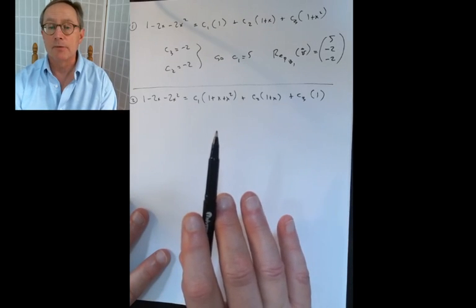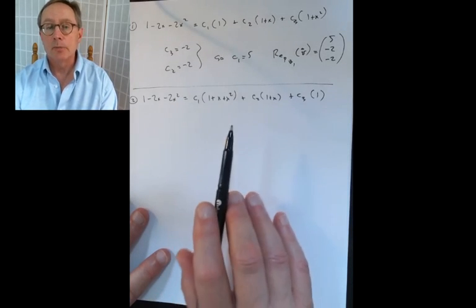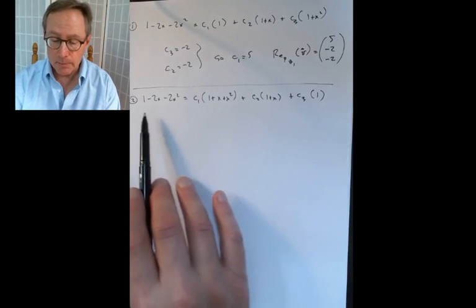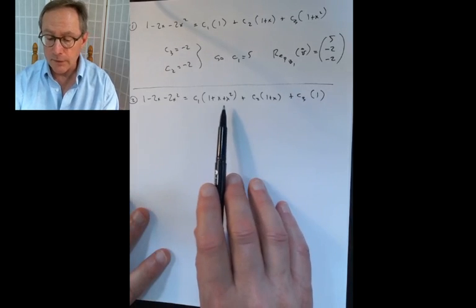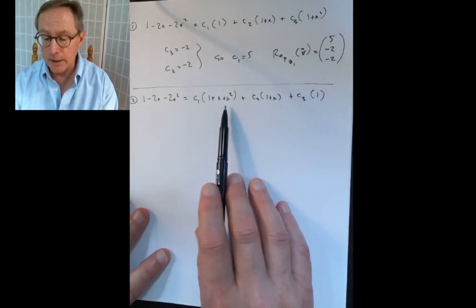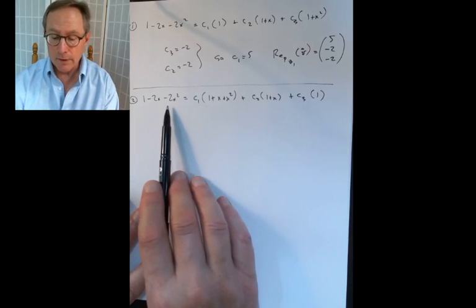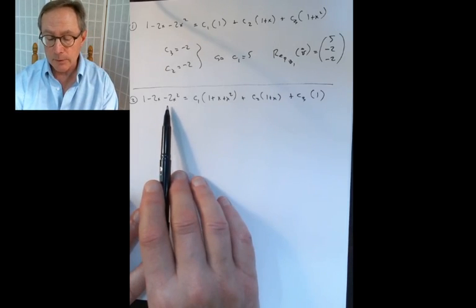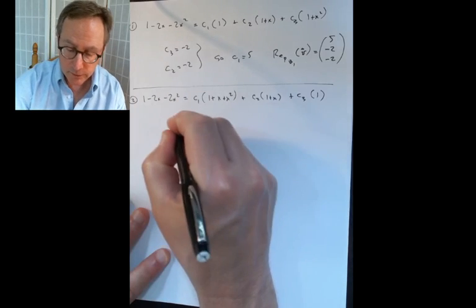Absolutely perfectly right. But in this particular case, I can see by looking at both sides of the equation that the only time x squared appears on the right is as c1 times. The only time x squared appears on the left is as minus 2. So I get that c1 is minus 2.